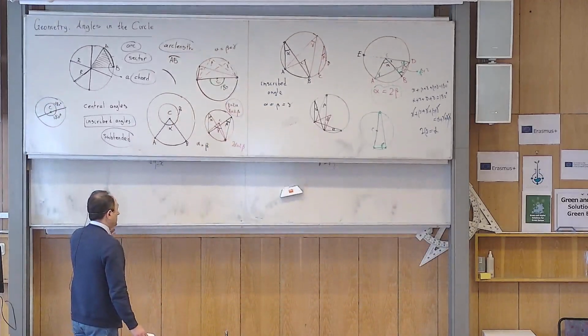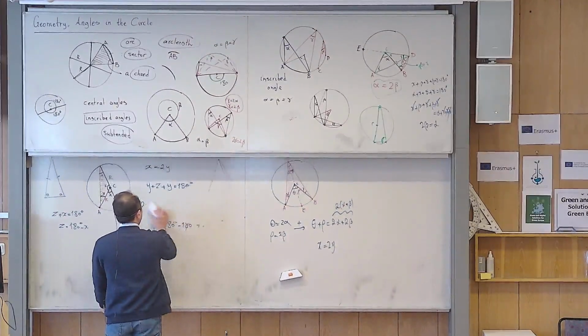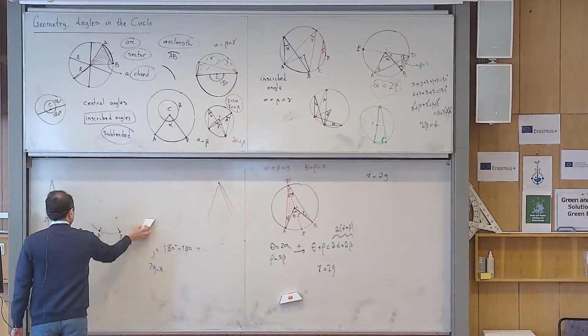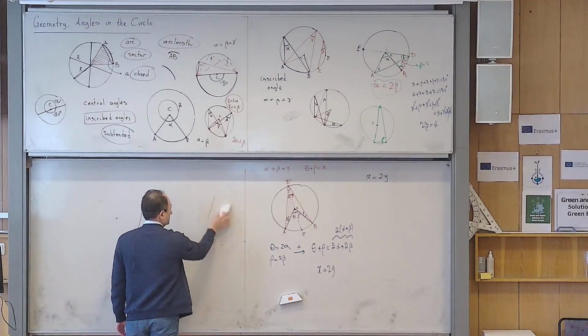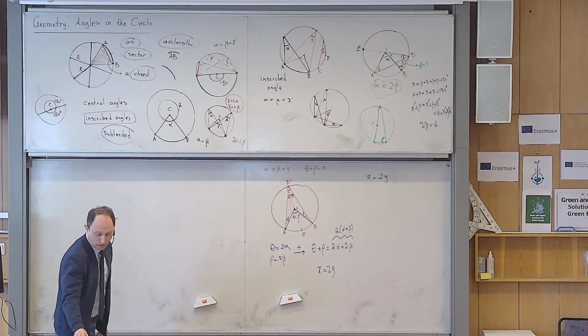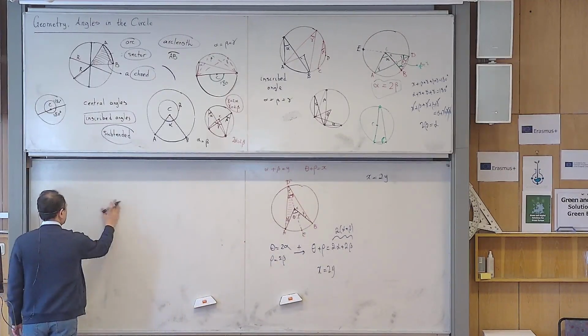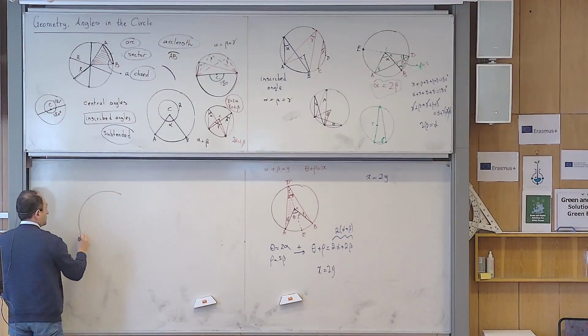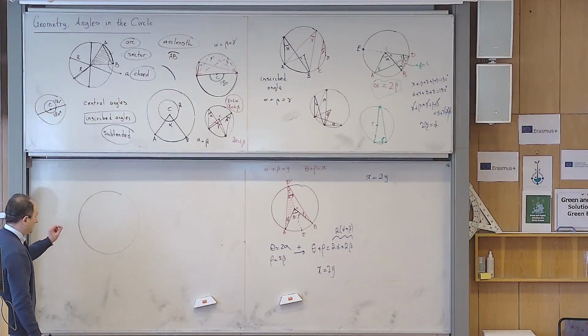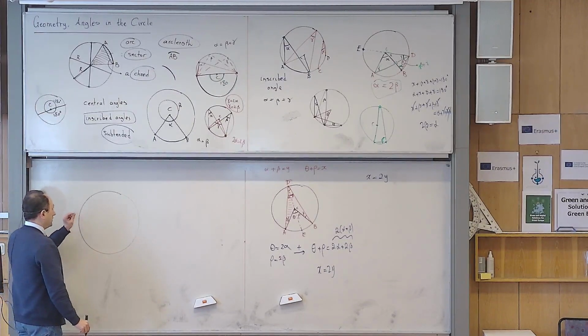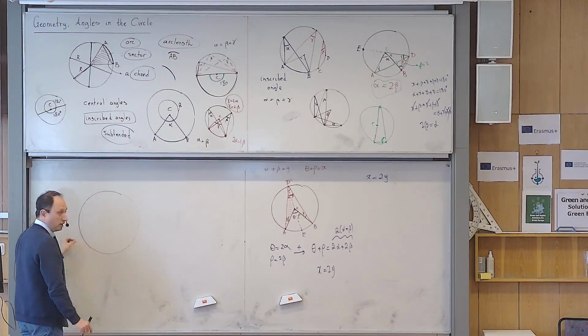Now, there is one interesting question here that is also in the book. I want you to discover it yourself. I draw a circle here, any circle, and then I draw any quadrilateral, a shape with 4 sides, so that the vertices are all on the circle.